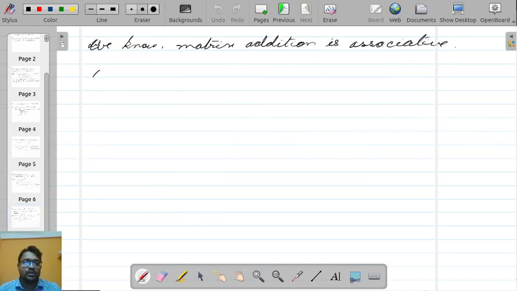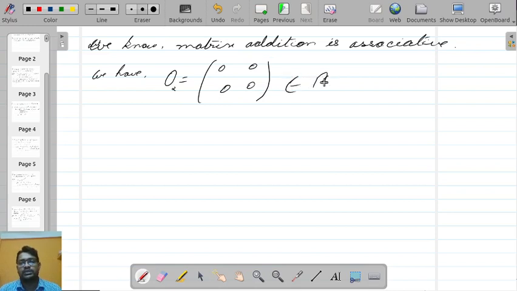So we have O2 equal to this null matrix, 0 0 0 0, all 0. It belongs to M2, a 2 by 2 matrix.